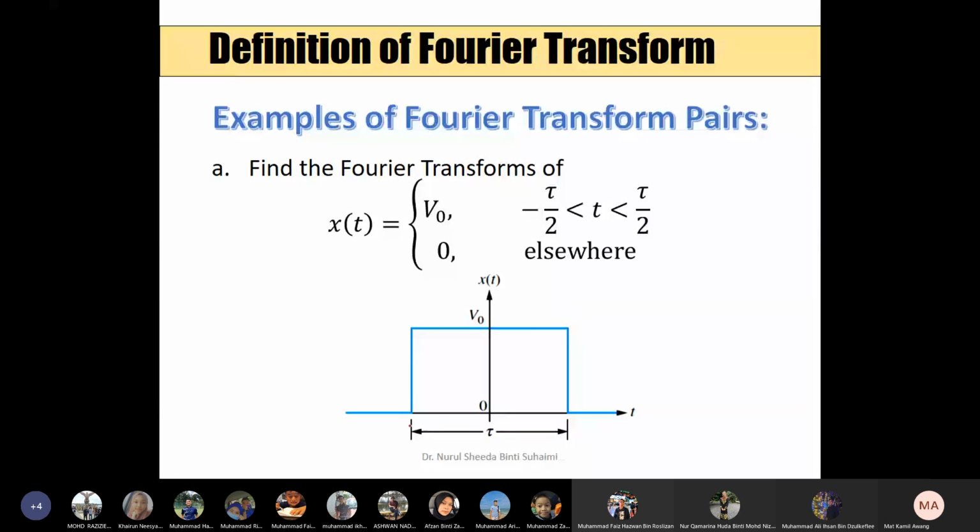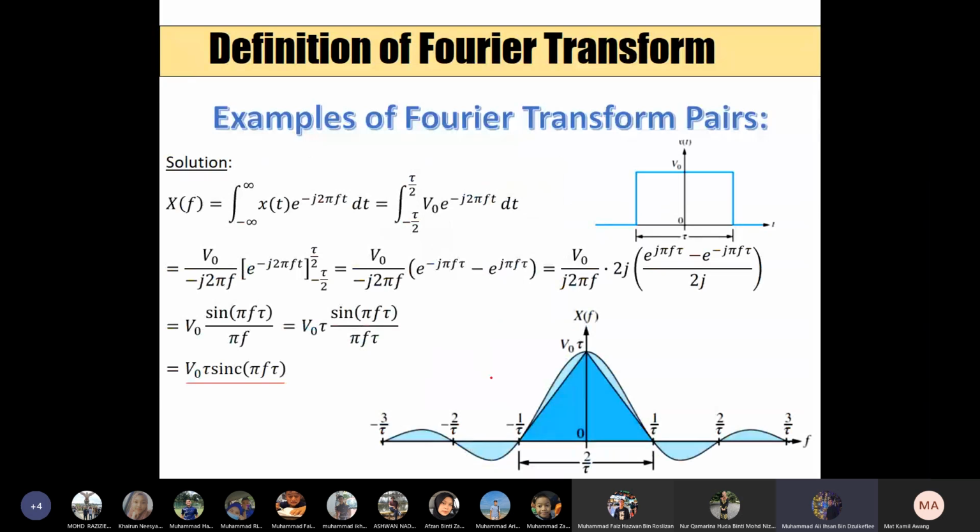So basically you have a period of tau here. Okay. So you set up the Fourier transform in this form. This is the definition, the Fourier transform formula. Okay.